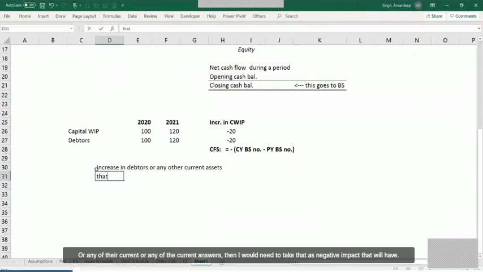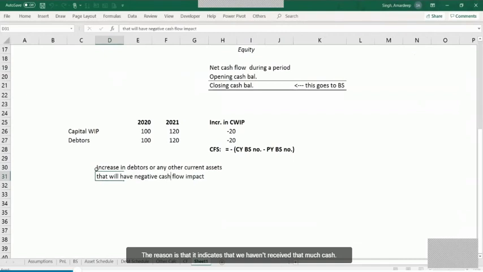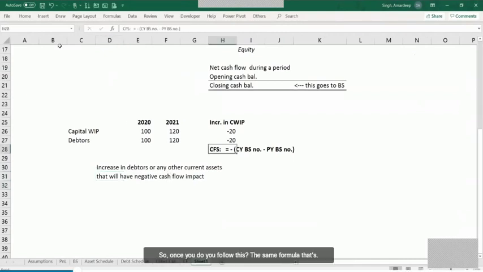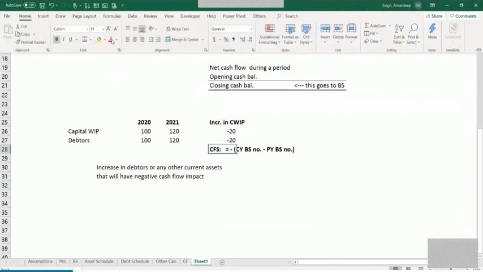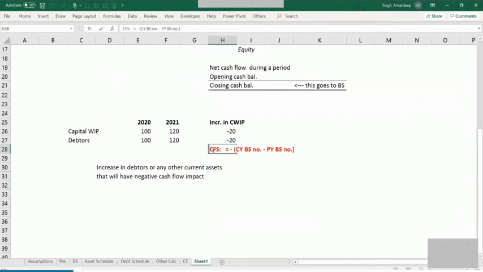That will have negative cash flow impact. The reason is that it indicates that we haven't received that much of cash component. So what you do, you follow this logic. The same formula that I've shown you here, you would continue to use it over here for the current assets. So this is something that you would use for current assets.